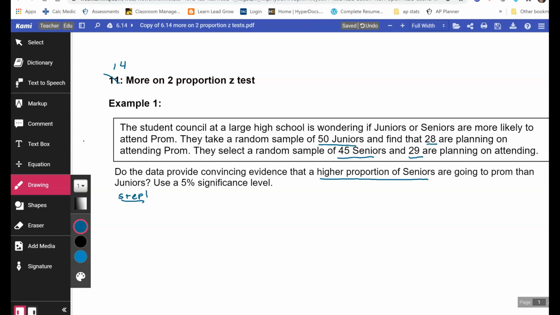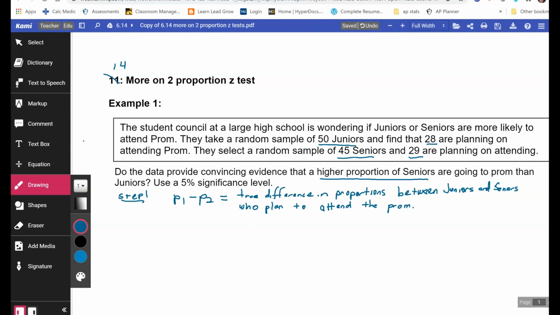When we're comparing two proportions, we're actually going to use the difference. So P1 minus P2. Note, we're not giving them hats. And so let's define what those proportions are. P1 minus P2 is the true difference in proportions between juniors and seniors who plan to attend the prom.